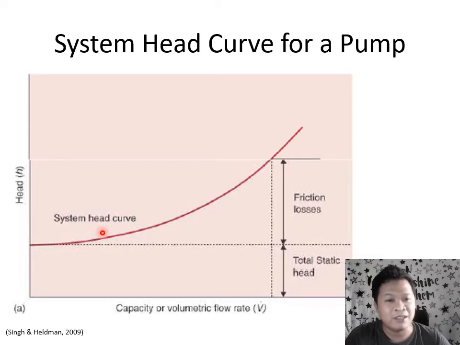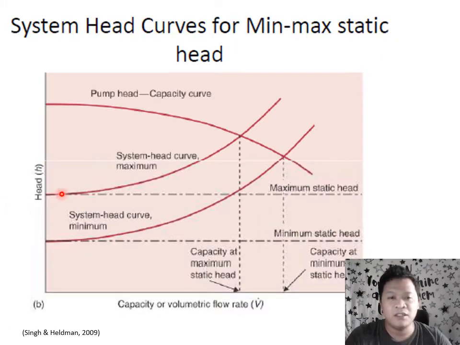So actually, the higher head needed at higher flow rates is to counteract the increase in frictional losses, which is exponential.